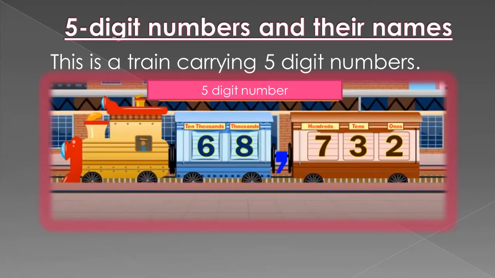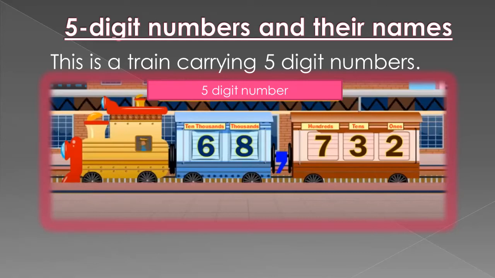The next coach is the thousands coach and has 2 windows, one for 1,000 and the next for 10,000. Numbers in these coaches travel together. Coaches are connected together by a comma. The numbers sitting in the same coach will be named together.